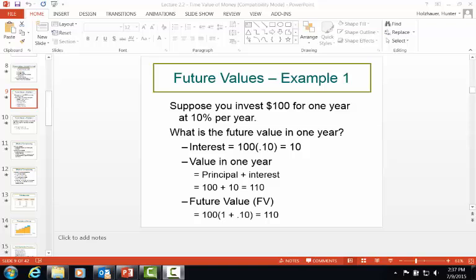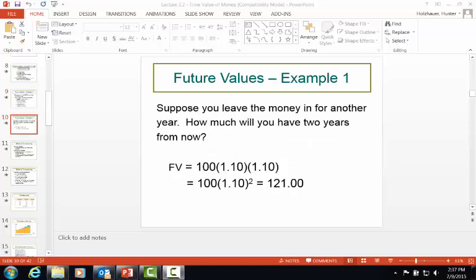Because the future value equals 100 for the present value, and then in parentheses you have 1 plus 0.10. That 1 stands for 100%, and that plus 0.10 is 10%. So $100 times 110% equals $110. So the common sense approach or the formula approach, you're getting to that future value the exact same way.